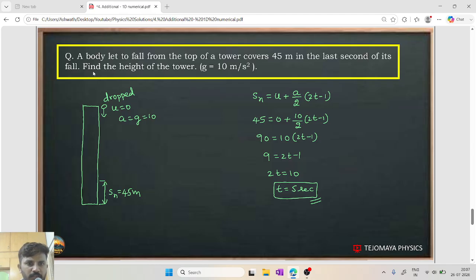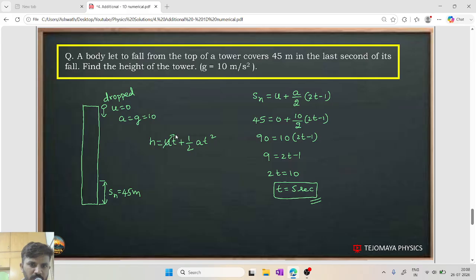Next, what do you need to find? Find the height of the tower. So height of the tower, or distance traveled in 5 seconds, is given by h is equal to ut plus half at square.